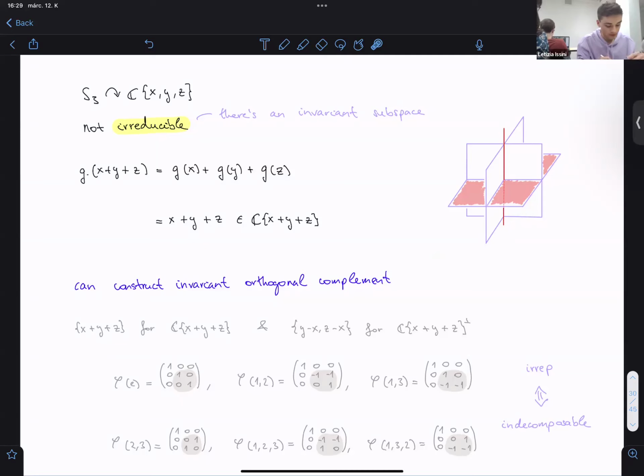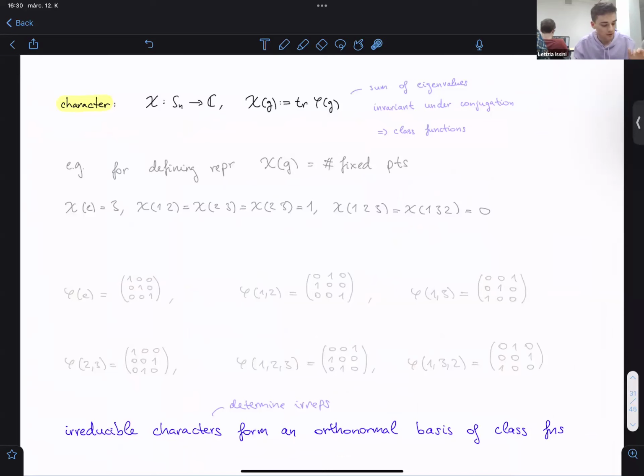If we pick a basis in these respective components, for example, here we have x plus y plus z, and y minus x, and z minus x, then all the representing matrices will be block matrices of the same shape. So here it looks like this. So that's one fact that we'll need from representation theory.